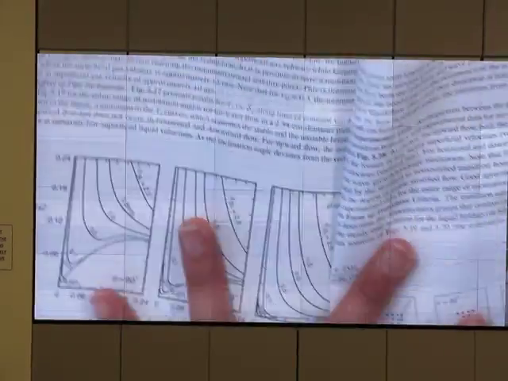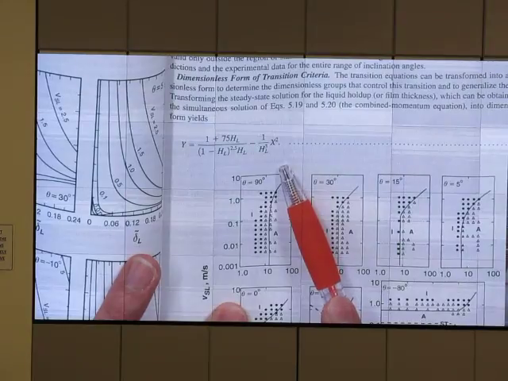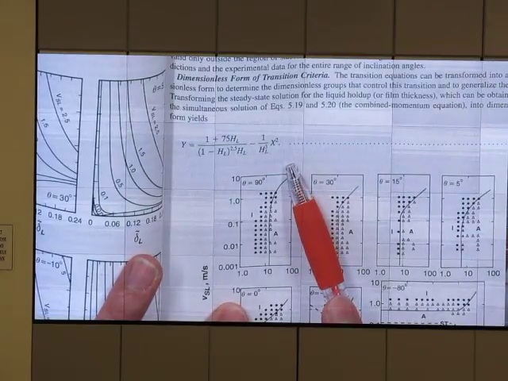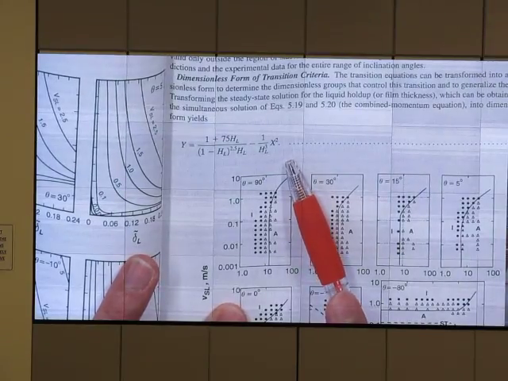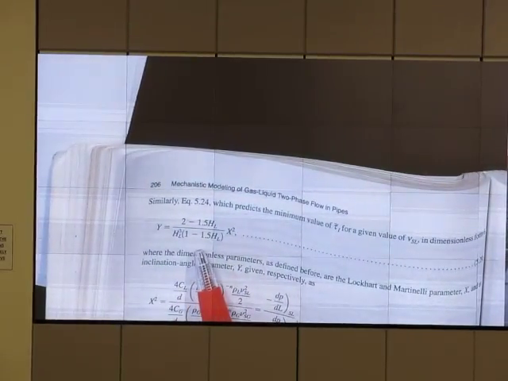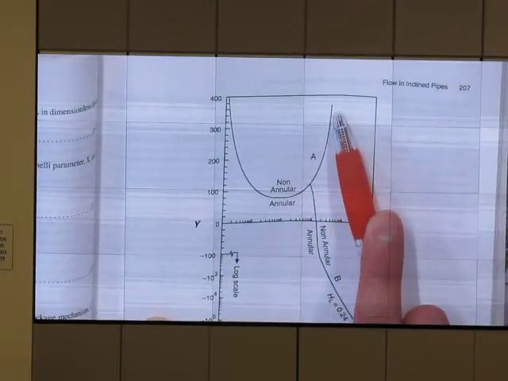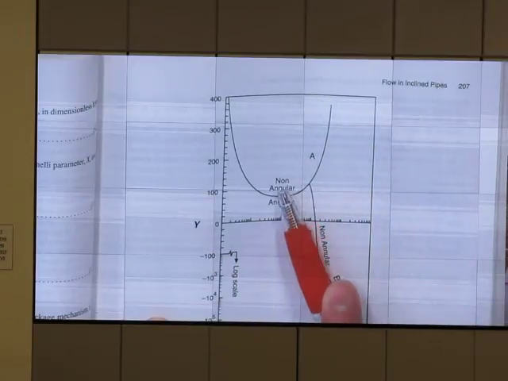So 5.28 is the dimensionless form of the combined momentum equation. If we solve this equation and this equation together, we get this line. Simultaneous solution from those two equations gives us this line.